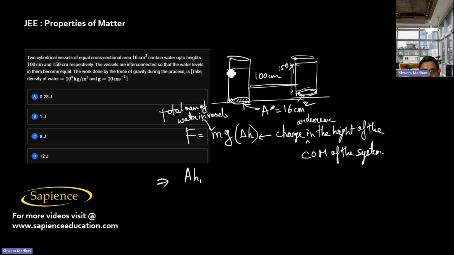Here initially the height is H1. Volume into rho, that is the density, rho. A H1 into rho into g, plus this will be A into H2 into rho into g. This is the net mg into the delta H.